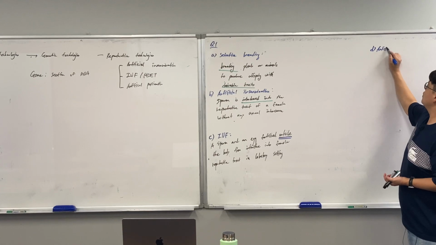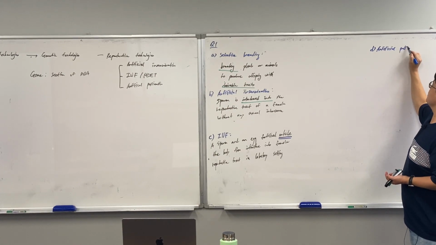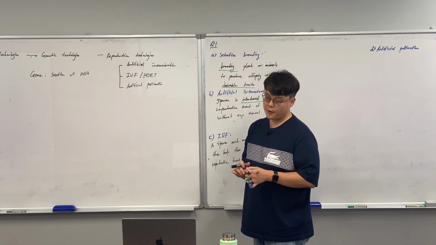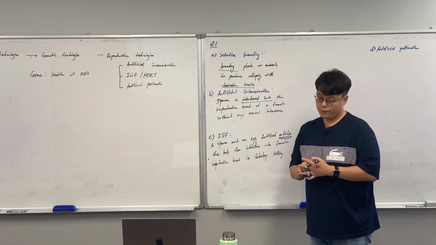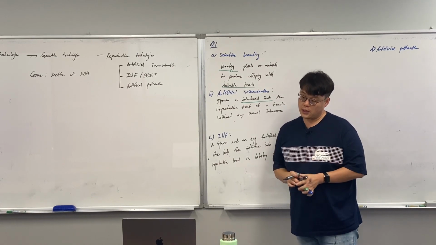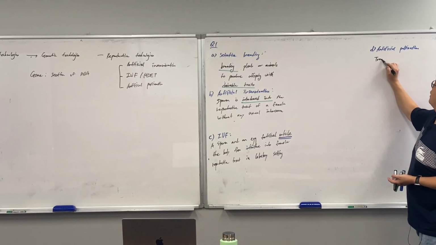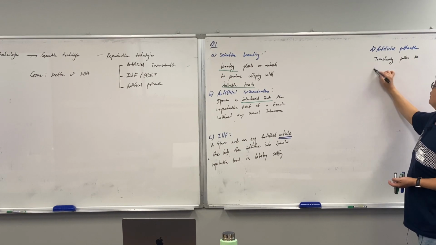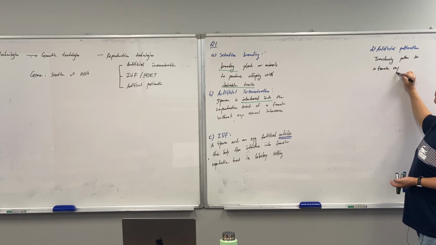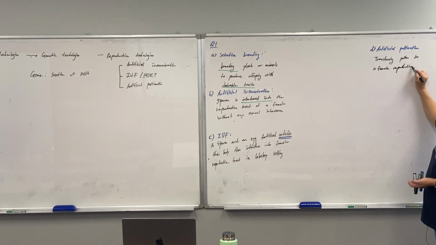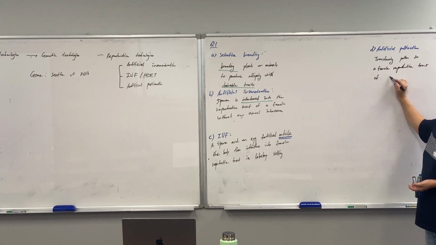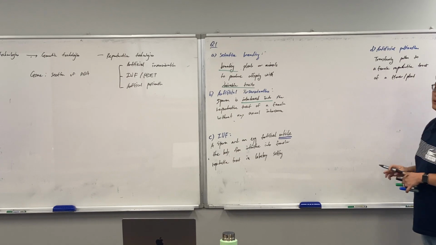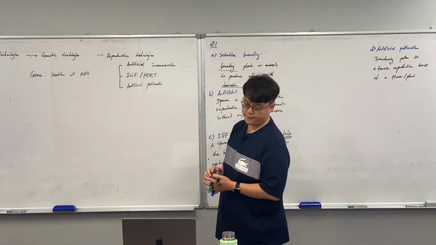Artificial pollination is defined as the method of transferring pollen from the male to the female reproductive tract of a flower or the plant, artificially, basically.